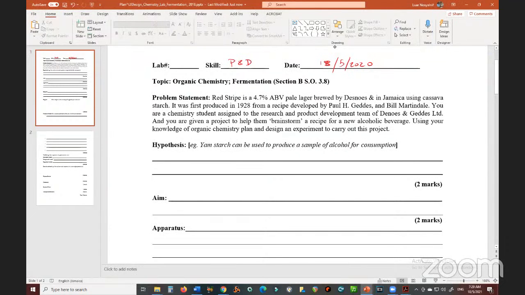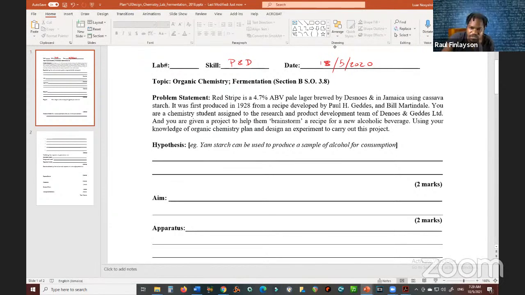First produced in 1928 from a recipe developed by Paul Geddes and Bill Martindale. You're a chemistry student assigned to the research and product development team of Desnoes and Geddes Limited, and you are given a project to help them brainstorm a recipe for a new alcoholic beverage.